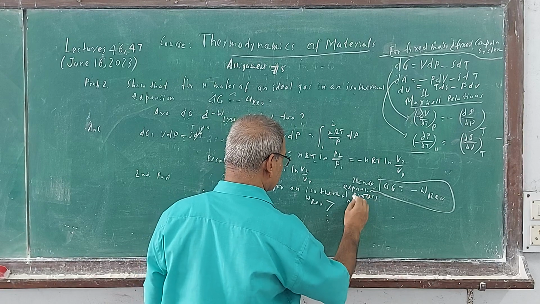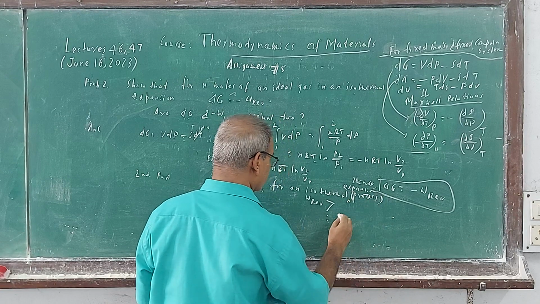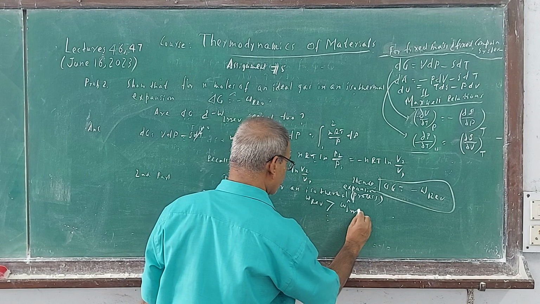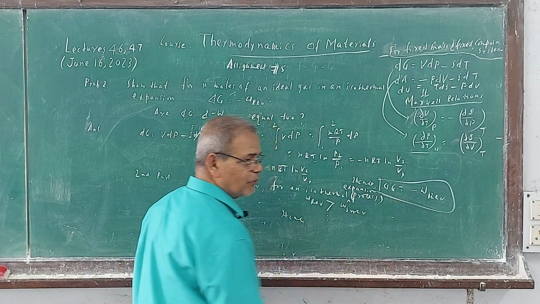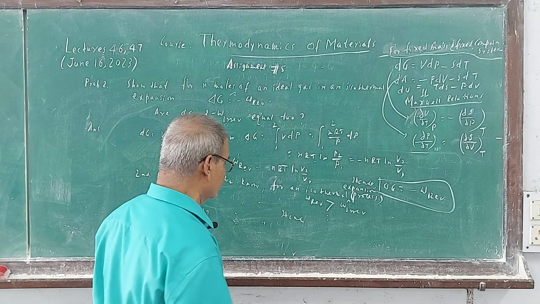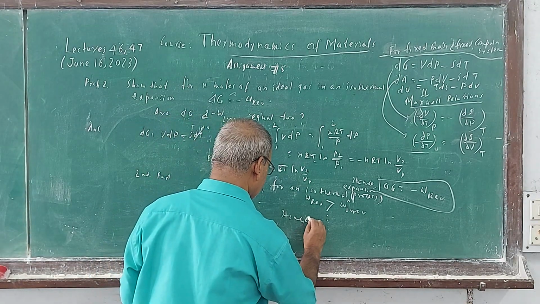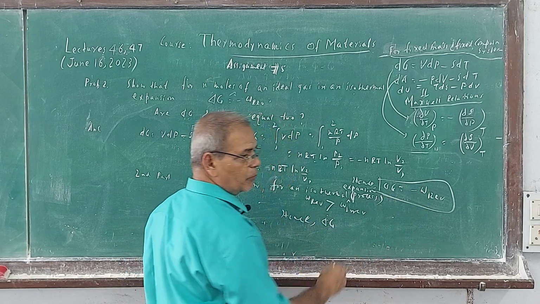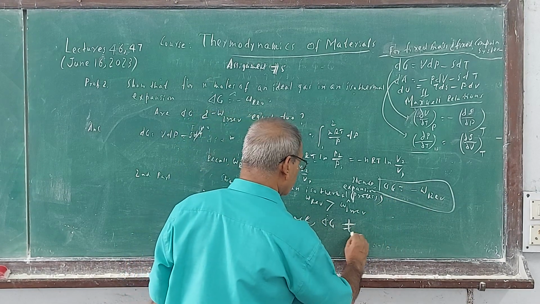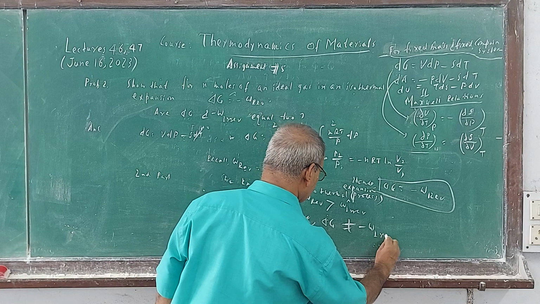Hence delta G, which is equal to minus W reversible, is not minus W irreversible.